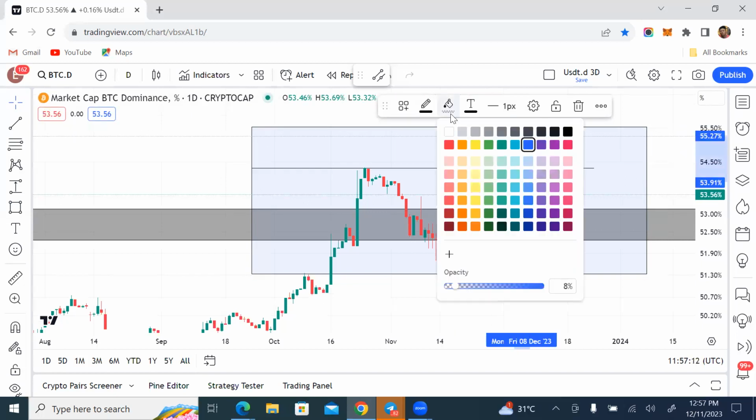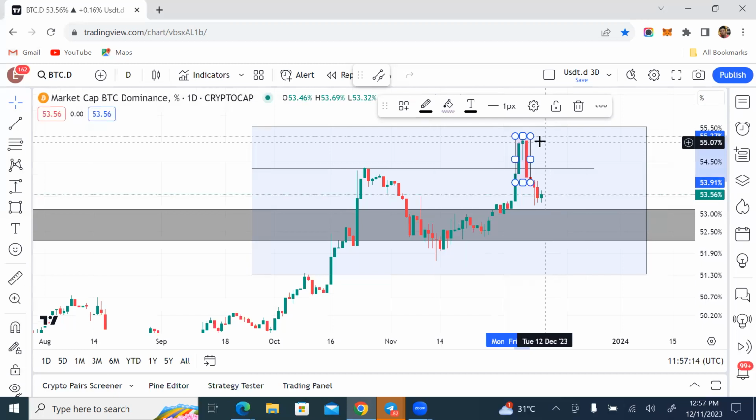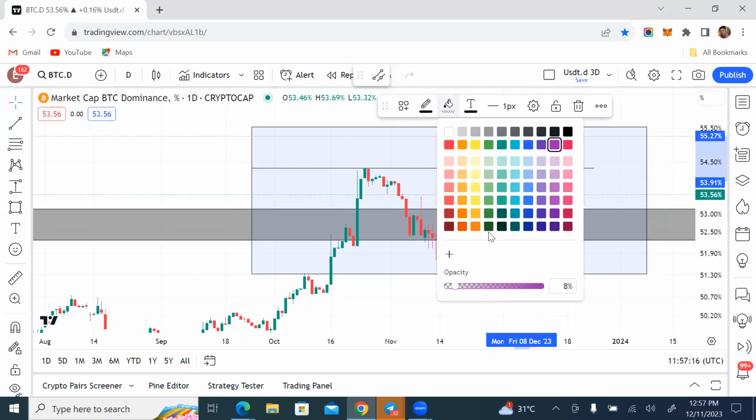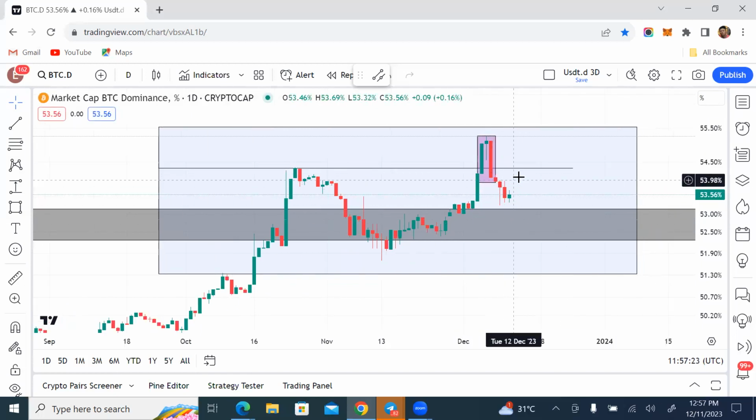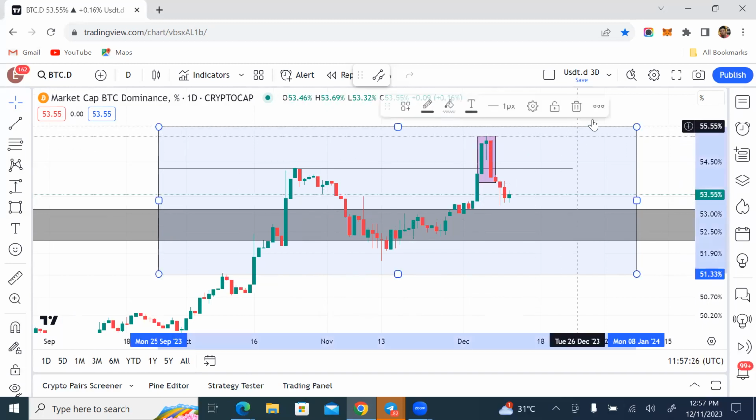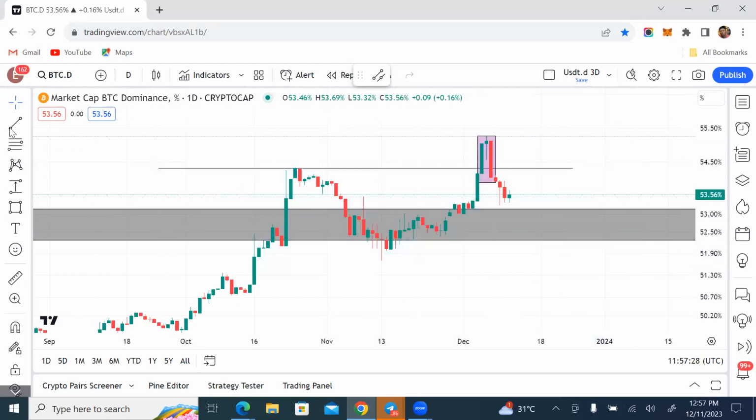I'm going to put this in purple color. Now, in a range bound market, let me just remove all of these things so that you understand what I'm saying.